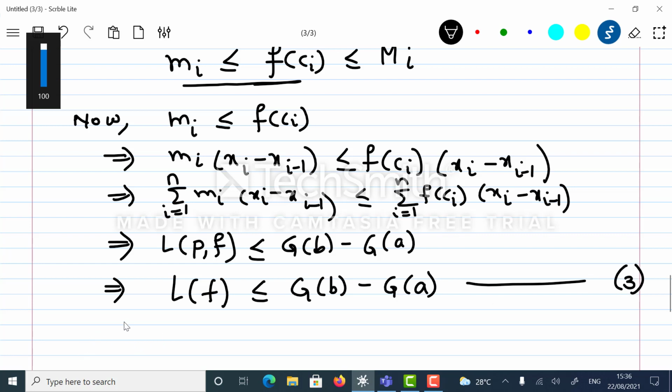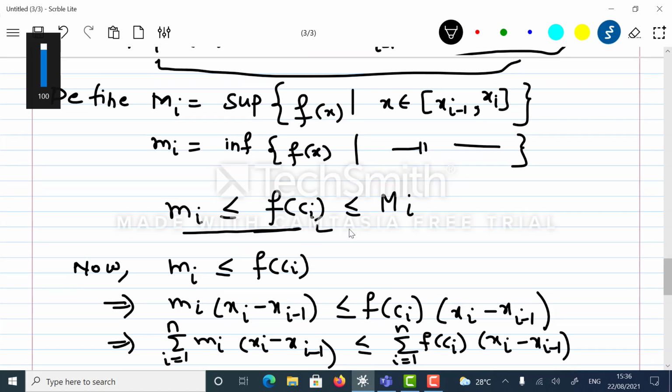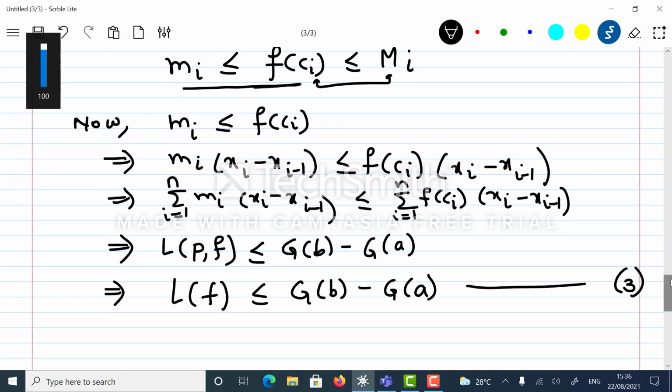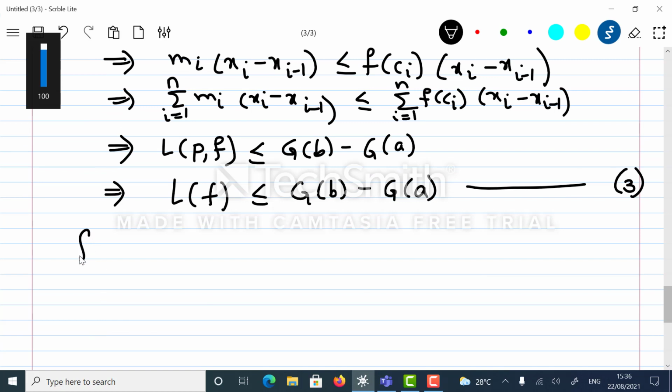On the same line, we can do it for the remaining part, f at ci less than or equal to capital Mi.